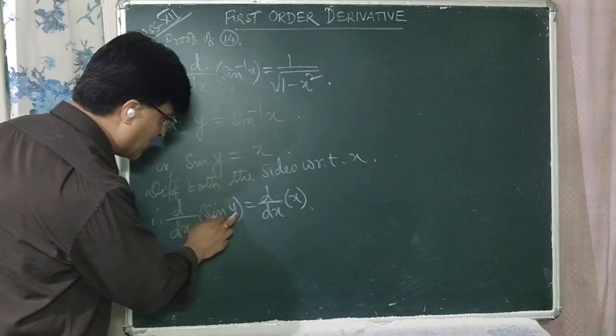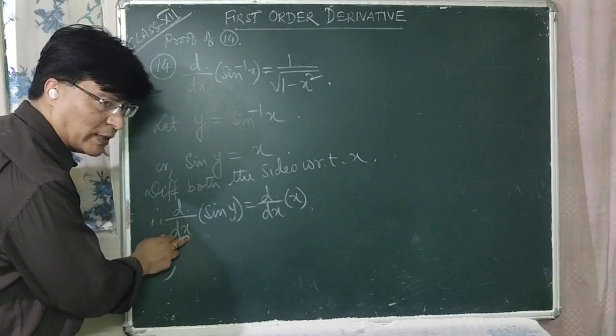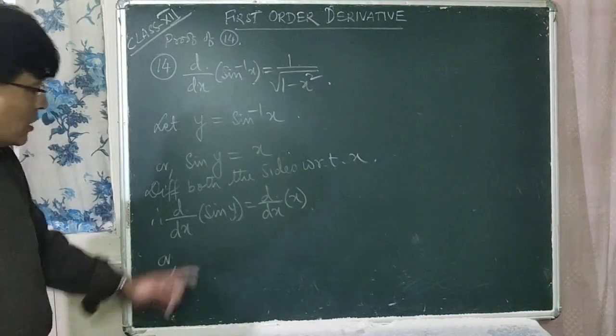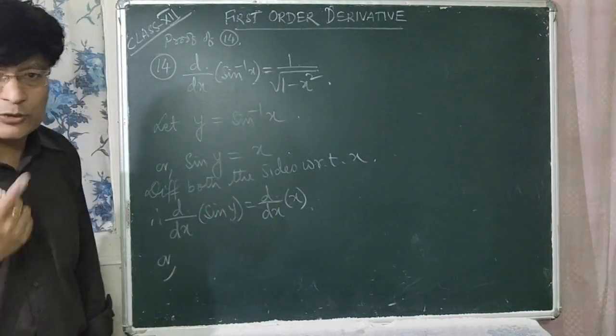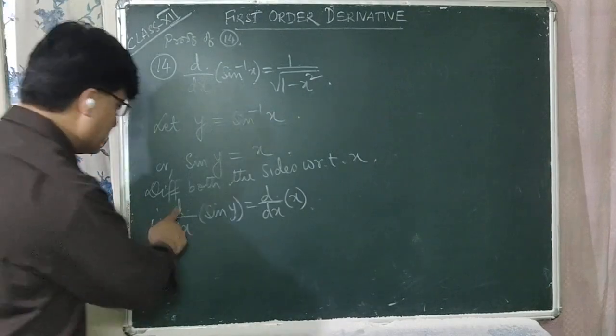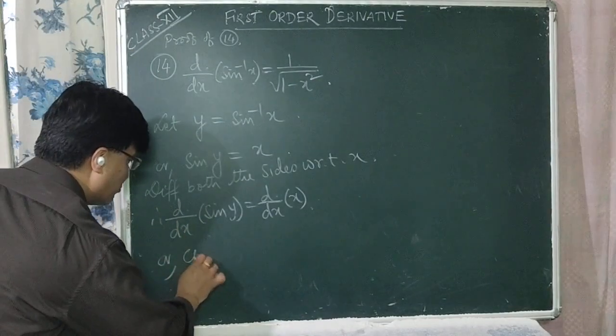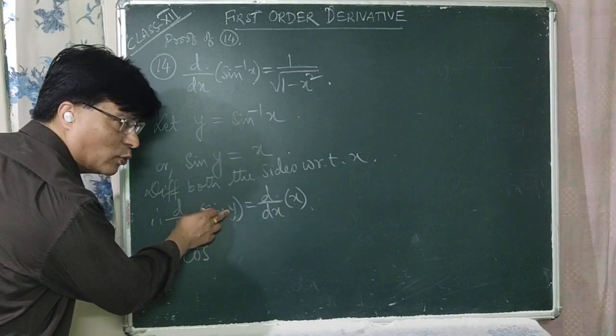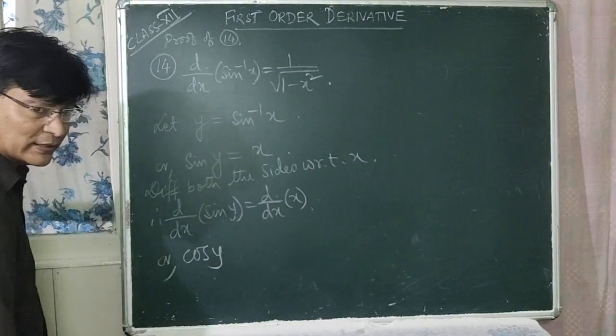Now, this is sin y, but you are differentiating it with respect to x. So, let us take this y as x. What is the differentiation of sin x? It is cos x. But you cannot write x here because instead of x, what is here? y. So let us write y here.